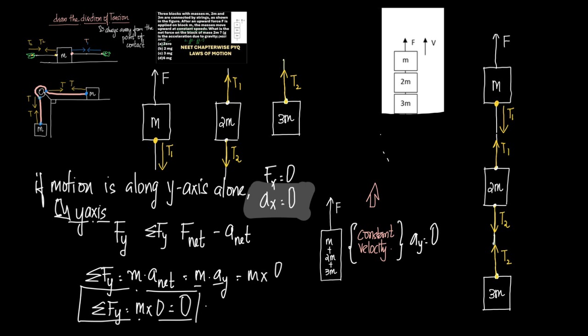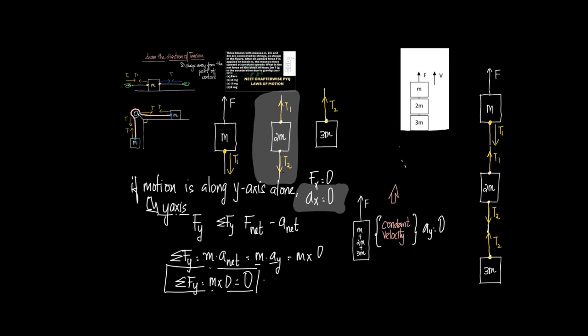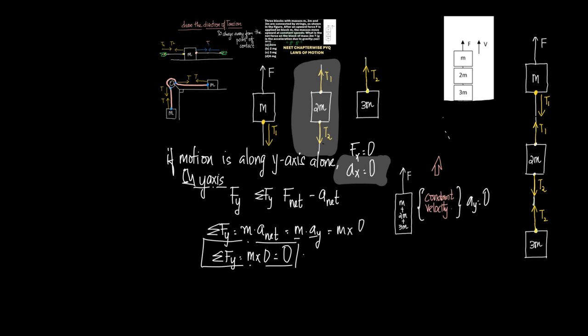So what is the net force in the block of mass 2m? If we were to study only this block 2m, what we need to understand is the free body diagram of 2m alone. So let us draw that one more time. So we have 2m here. Tension is acting away from the point of contact, which is T1. Tension is acting away from the point of contact, which is T2.